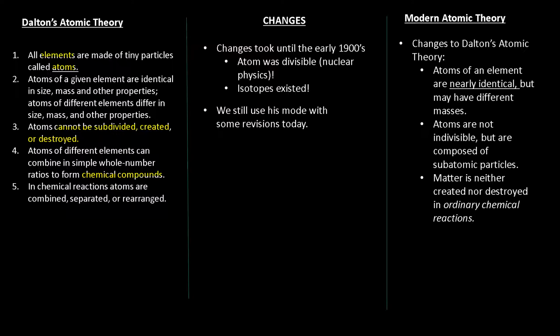Dalton was not believed at first, but there were some changes to his atomic theory that took place in the early 1900s. First of all, Dalton claimed that atoms could not be subdivided, created, or destroyed, but we later found out that the atom was in fact divisible, not in ordinary chemical reactions, but in nuclear physics.